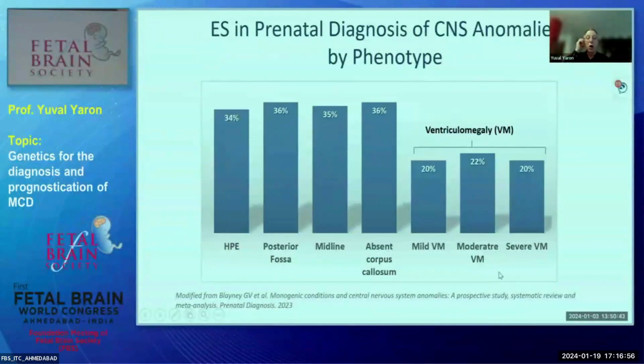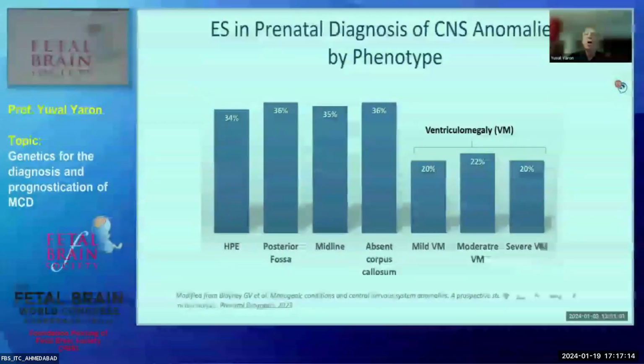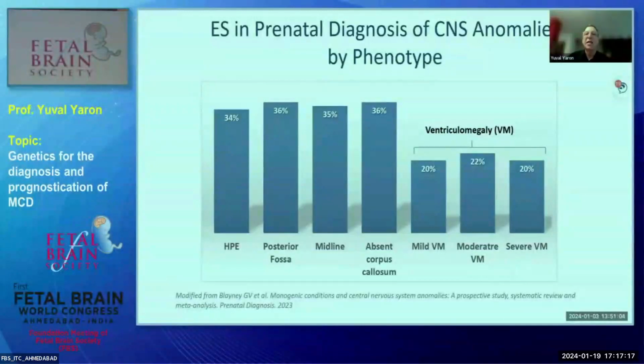Now, if we look closer at the different phenotypes and the likelihood of making a genetic diagnosis, we see that for holoprosencephaly, posterior fossa abnormalities, midline abnormalities, and absent corpus callosum, the detection rate is surprisingly quite similar, 35%. So a little bit over a third of the cases have a clear genetic abnormality, whereas with isolated ventriculomegaly, even if severe, the detection rate is significantly lower.